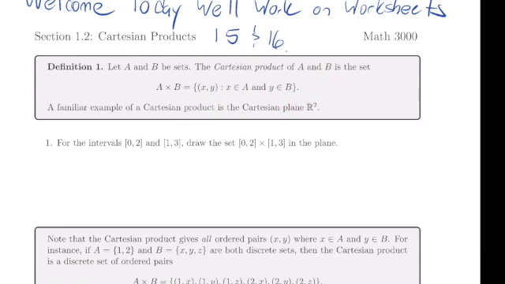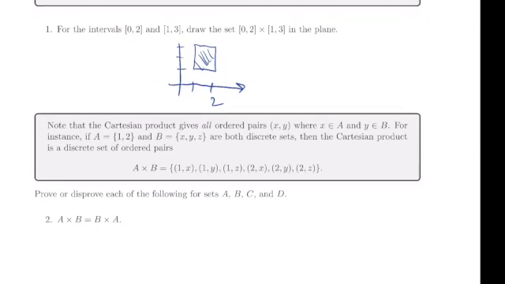These can be continuous things, like this example where x goes from 0 to 2 and y goes from 1 to 3, and then this would be this entire closed region over here. It consists of all points whose x-coordinate is between 0 and 2 inclusive, and whose y-coordinate is between 1 and 3 inclusive. In addition, we could also have a bunch of discrete ordered pairs if our elements are just a discrete group of numbers.